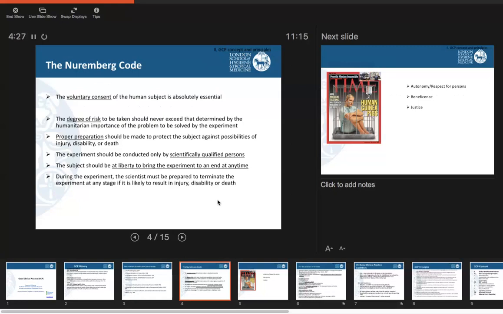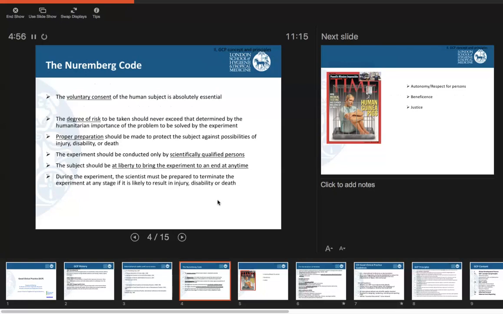So voluntary consent is very important, and they must understand the degree of risk and the benefit. And the benefit must always override or outweigh the risk. Because in anything that we do, there's always a risk, but we do it because the benefit outweighs the risk.